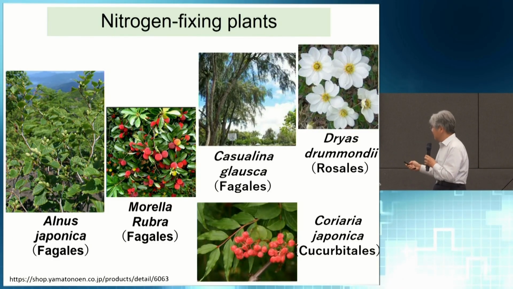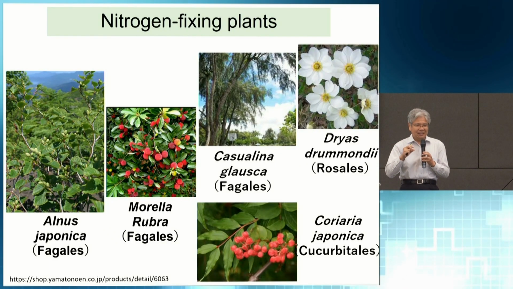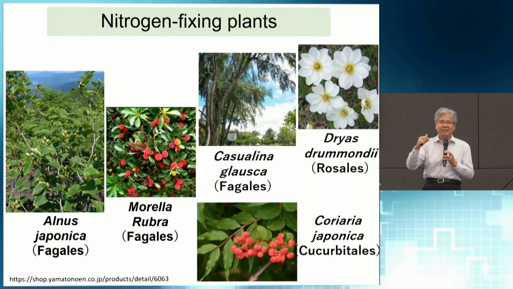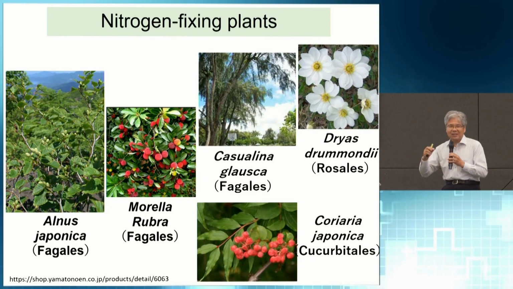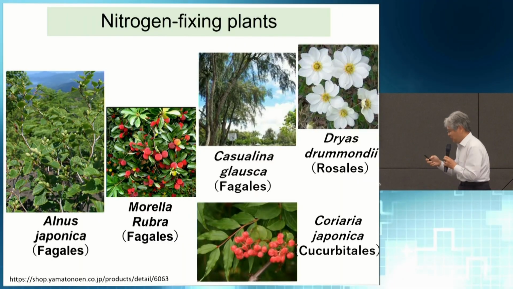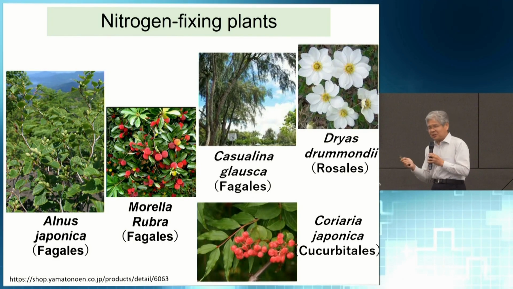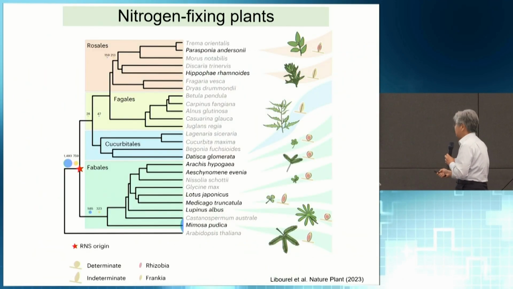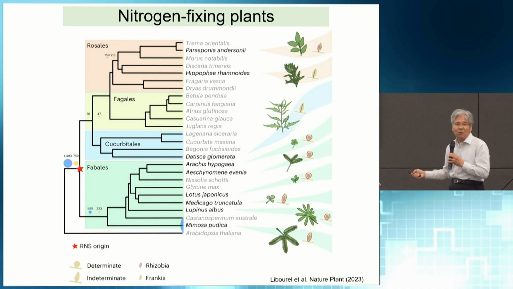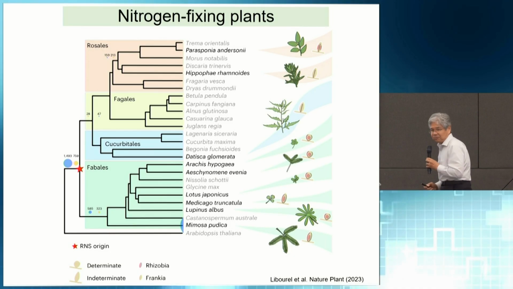But this symbiotic interaction is not intracellular symbiosis. It's still intercellular. The bacteria remain outside of the cell, but still create the nodule and accommodate the bacteria to fix nitrogen. So if we consider this as root nodule symbiosis, the process traces back to the common origin of those 4 plant clades.